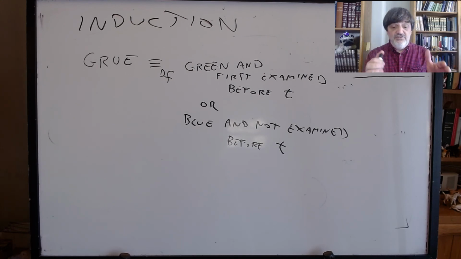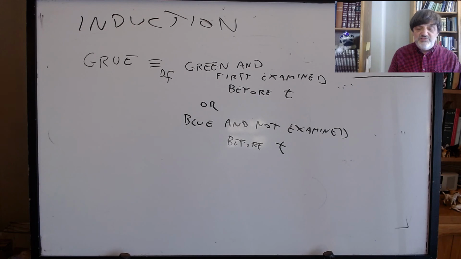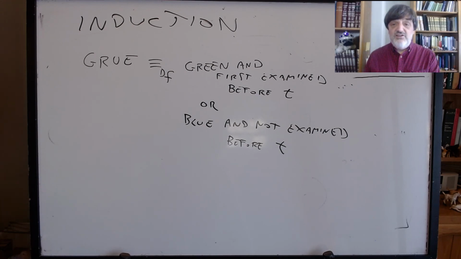Just focusing on the single statement, this emerald is green, that can count as evidence that all roses are green, because it can count as evidence that all emeroses are green, where emerose means something that is first examined before T and is an emerald, or is not examined before T and is a rose. So any observation can be made to count as confirmation for anything by choosing the right hypothesis.